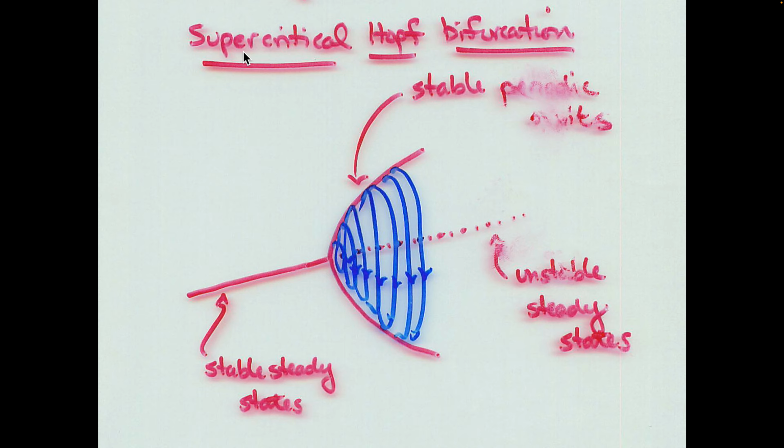We call this supercritical because the way to think about this is: start on the stable steady states, move towards the critical value of the applied current. Here it goes unstable, and then you ask, did the limit cycles occur on the pre-critical or the post-critical side of the bifurcation? Here they're on the post-critical side, so it's referred to as a supercritical Hopf bifurcation.